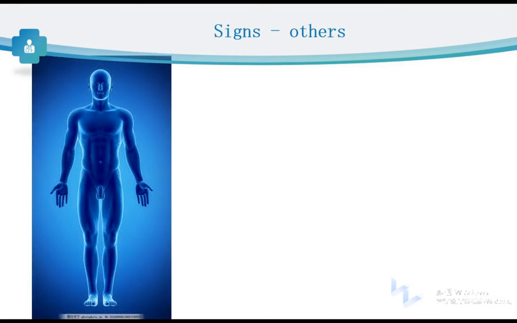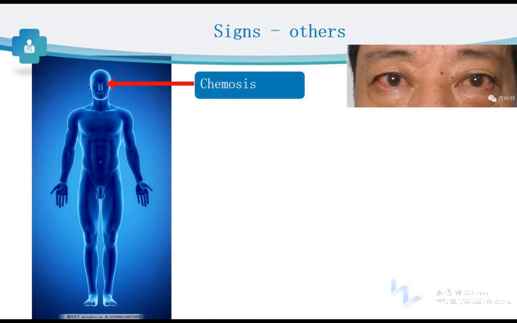Another group of the signs is associated with the comorbidities of COPD. Let's count them from the top to the bottom. The first one is chemosis, which is caused by the retention of carbon dioxide. As the picture shows, we can find the eyes of the patient are red and with tears.